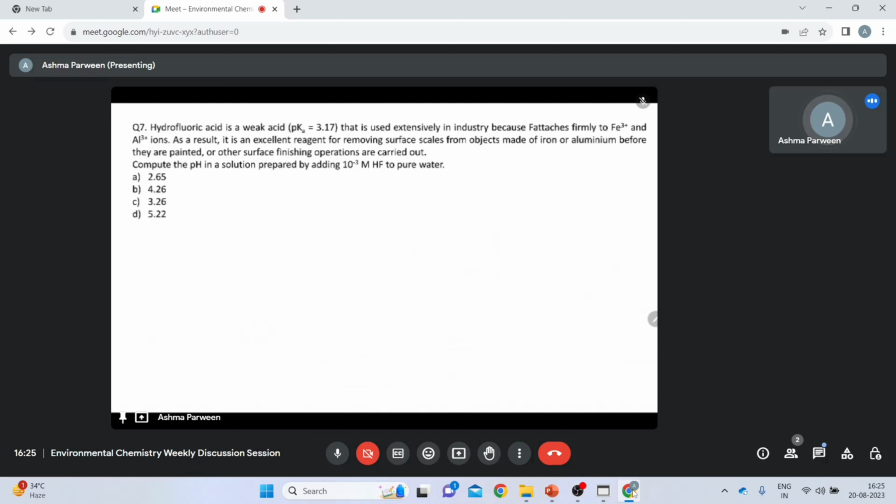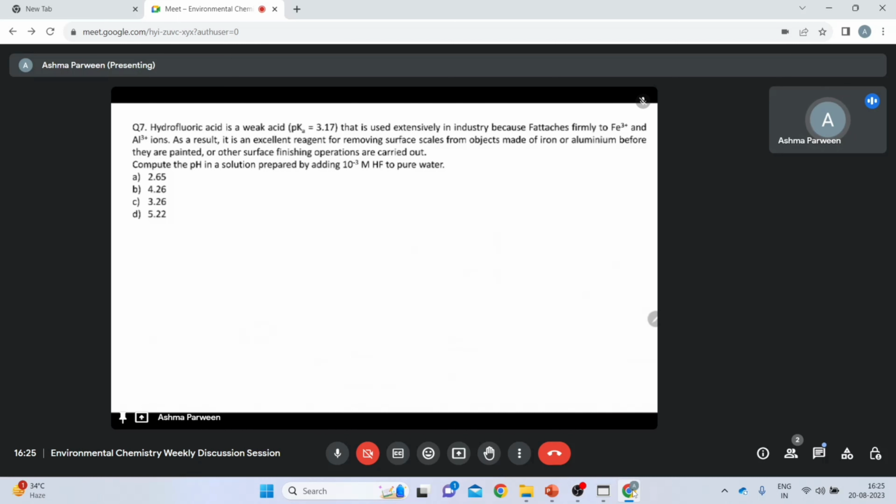So question number 7 is, hydrofluoric acid is a weak acid whose pK value is given as 3.17, that is used extensively in industry because fluorine ion attaches firmly to ferric and aluminium ions.